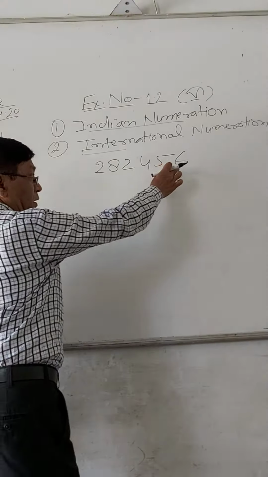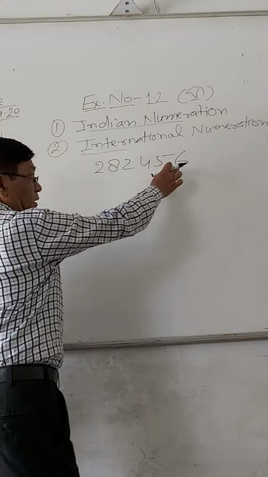Take any other number: 2, 8, 2, 4, 5, 7, 8. So the first comma you are putting after 3 digits. Then after every 2 digits you have to put the comma.